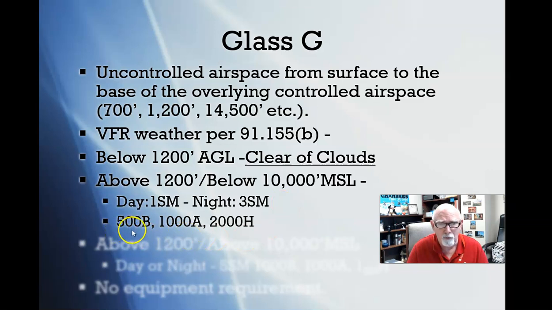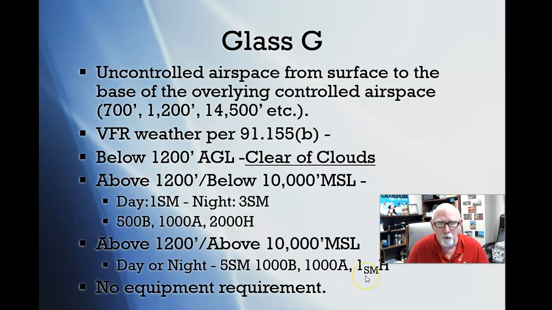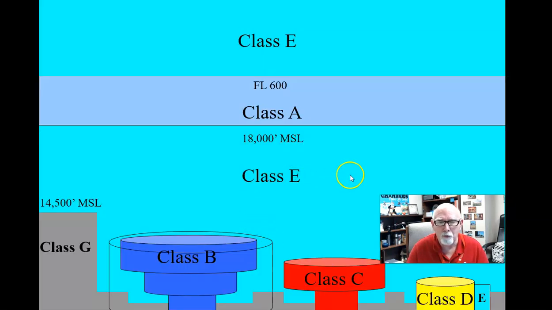And then you have to stay 500 below, 1,000 above, and 2,000 horizontal. Above 1,200 feet and above 10,000 MSL, day or night, the visibility requirement goes up to 5, and then 1,000 below and 1,000 above, 1 statute mile horizontal, and you're VFR, so no special equipment is required, although you probably want to have a transponder and be squawking 1200.